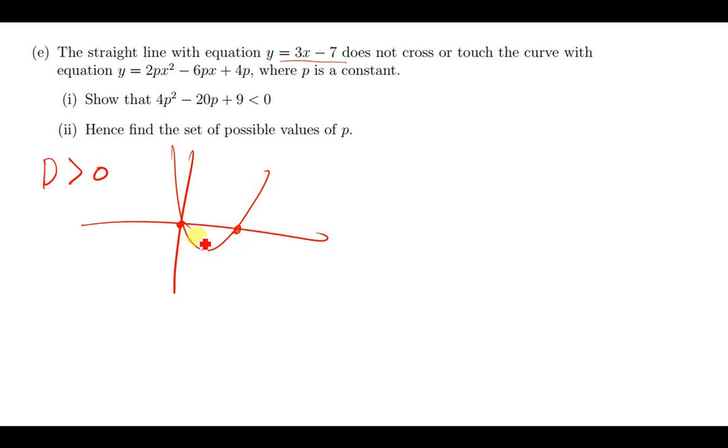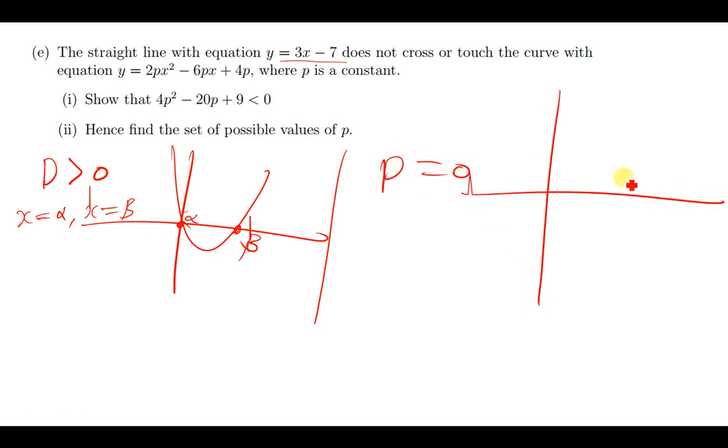This is why, because when you solve this quadratic equation which has two real different roots, you're going to find two answers. x is equal to alpha and another x is equal to beta. So you have your alpha there and your beta there. When the equation has equal roots, when the discriminant is equal to 0, it means that it meets the curve at only one point.